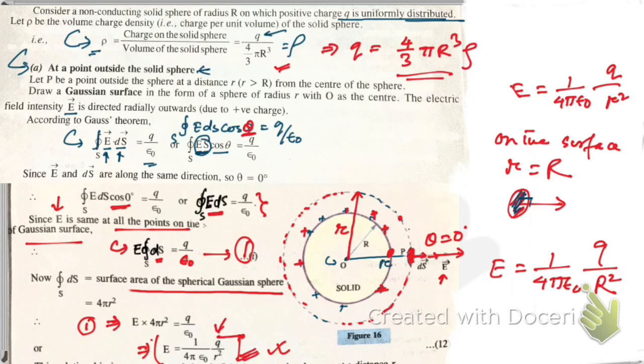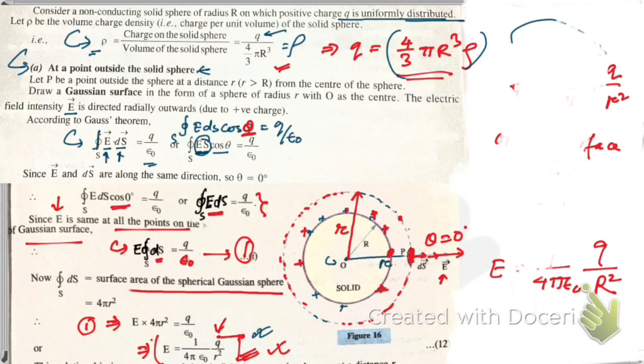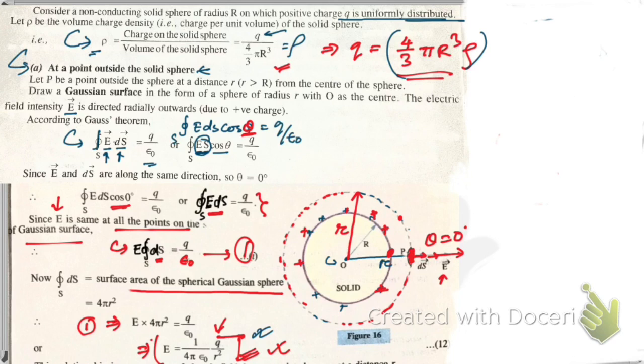The electric field at a point outside the sphere is 1 by 4 pi epsilon naught, q by r square.